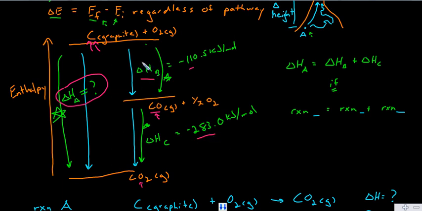And so if we know the delta H B here and we know the delta H C here, we could theoretically add them up to find the delta H of the overall process. Now, this delta H A is equal to delta H B plus delta H C. This only applies if the overall reaction A is the same as the overall reaction B plus the overall reaction C. So we want to test that here.